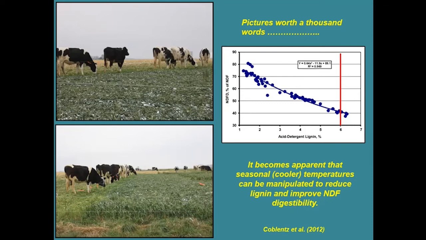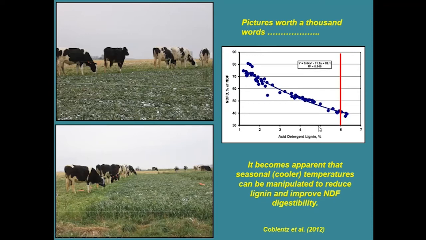Now, if you would go on and look at the fiber digestibility as a function of lignin for forages like this, you'll notice that with these really low lignin concentrations, you get very, very high fiber digestibility. But by the time you get out here at this 6% level, which is about 10% of the NDF in a headed oat plant, you can see that that has deteriorated to a very low level.